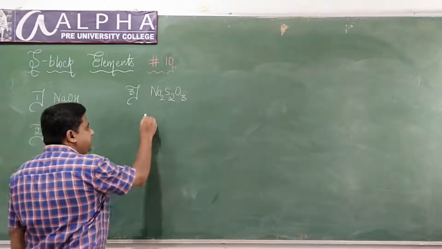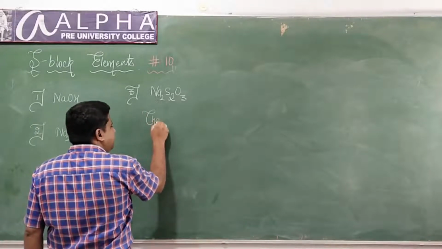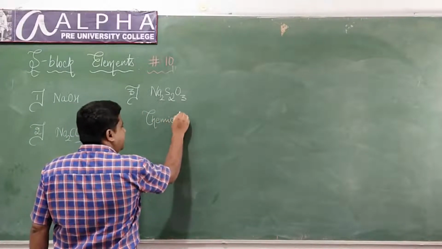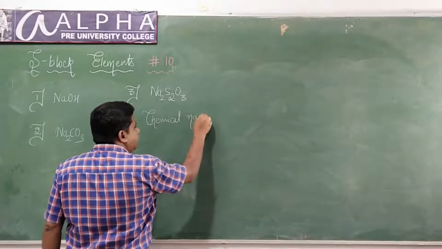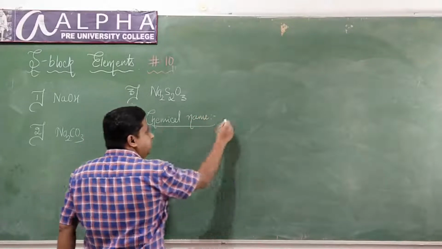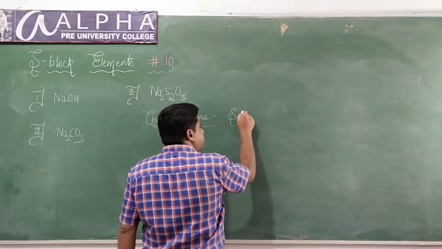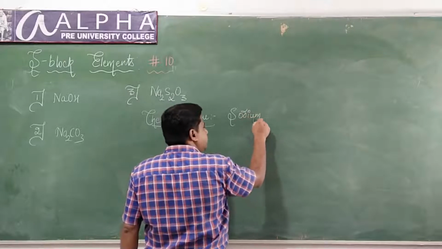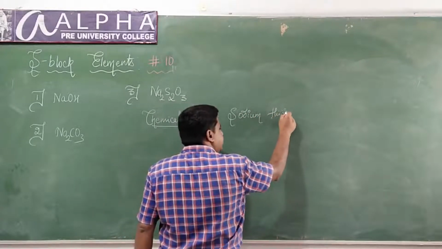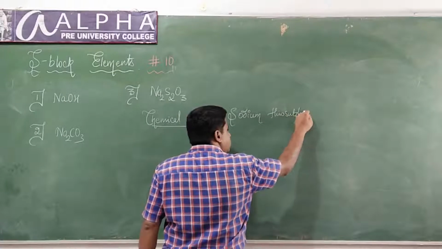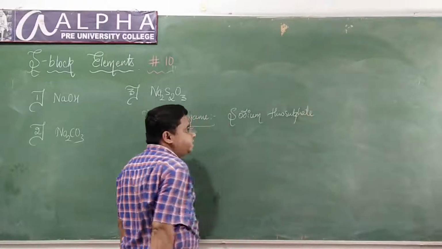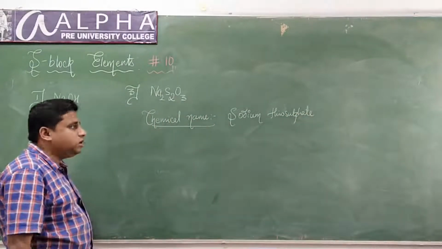Na2S2O3. By the way, what is the chemical name of Na2S2O3? This is called sodium thiosulfate.